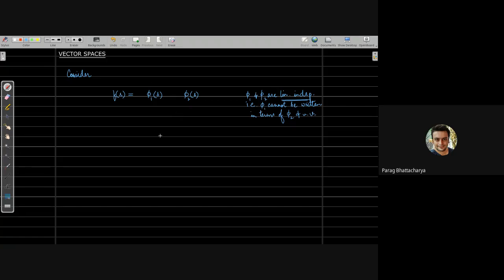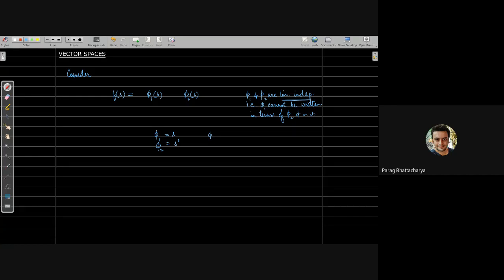For example, let's say phi1 is equal to s, and phi2 is equal to s square. Can you write down phi2 in terms of phi1? You can't do that, no?